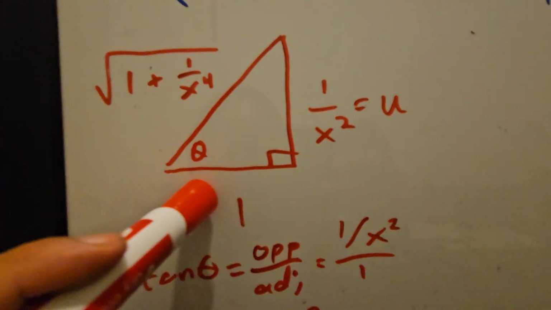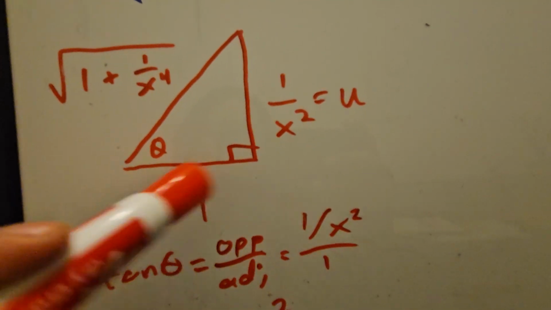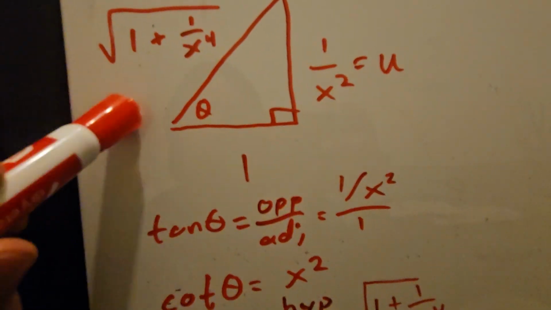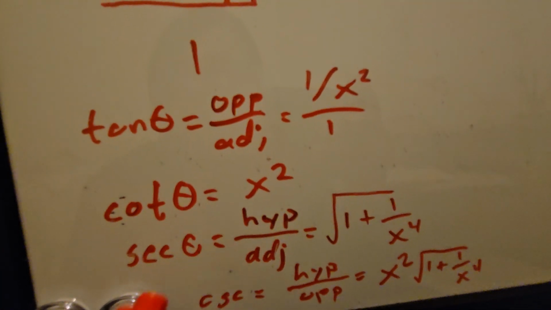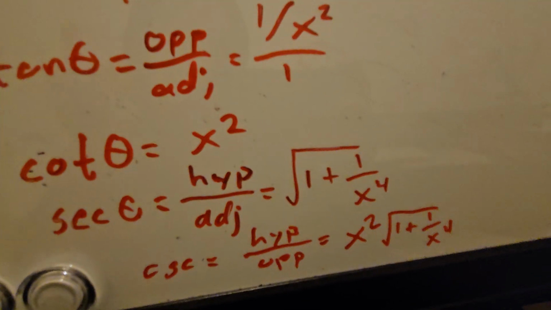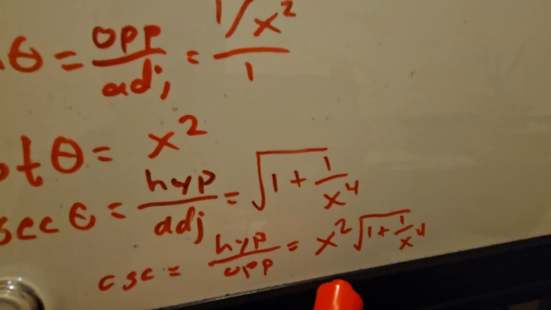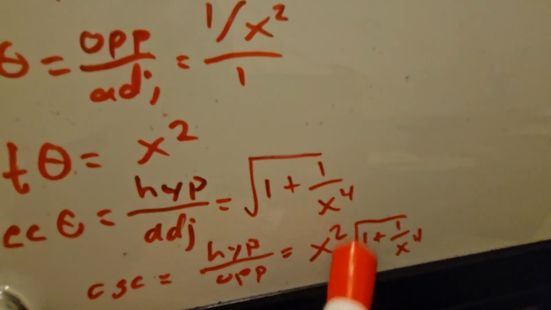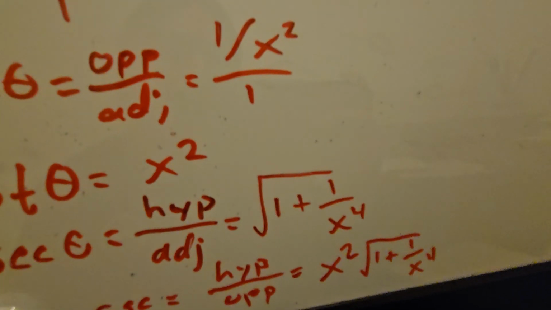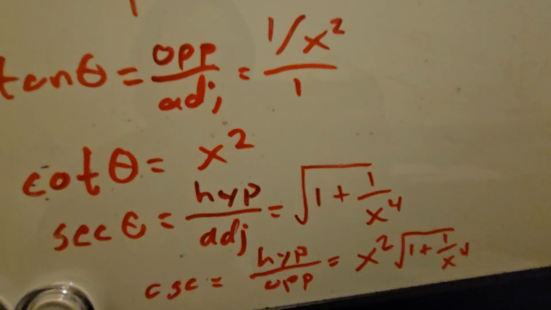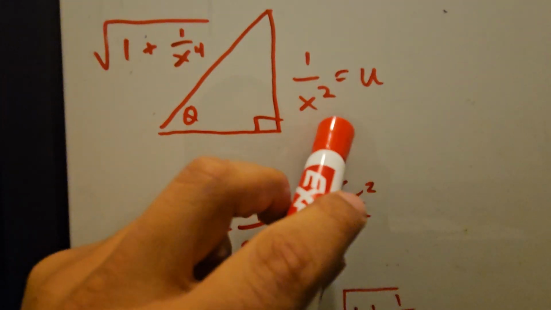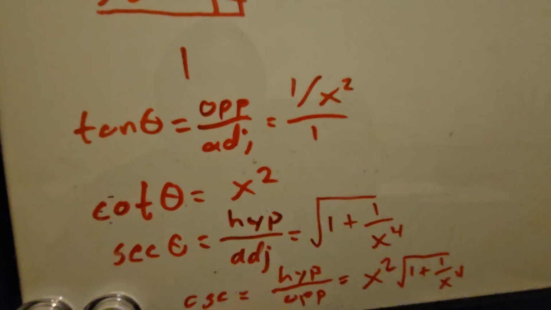We got that by using the Pythagorean theorem, a squared plus b squared equals c squared. So that's your secant theta. Cosecant is hypotenuse over opposite. That's going to be x squared times the square root of 1 plus 1 divided by x to the 4th power. Just do some algebra and you're going to get that.